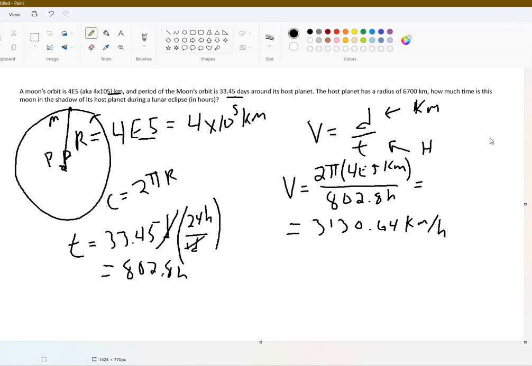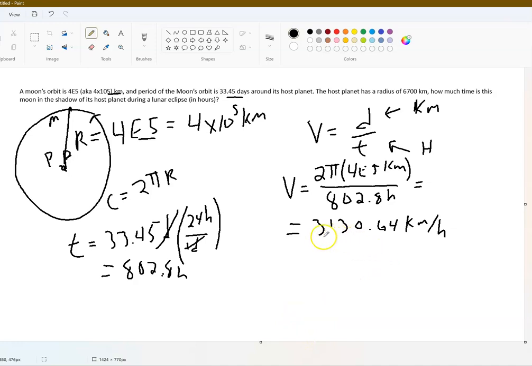All right, and the reason that I wrote it that way is we want to know how long the planet casts a shadow, and one of the things that we're going to assume is the shadow is the same size as the diameter of the planet.